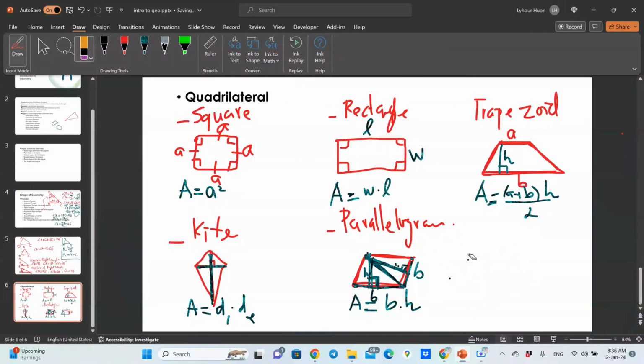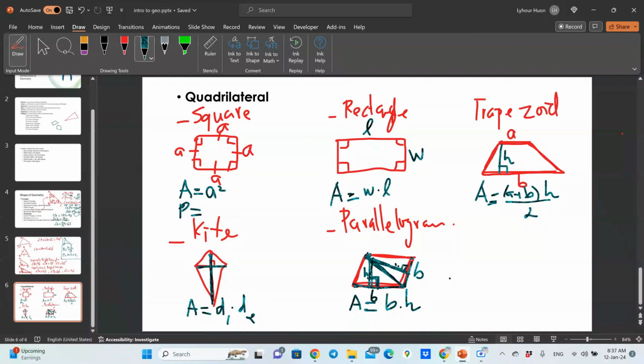How about the perimeter? How do we find the perimeter of a square? Isn't it just side plus side?